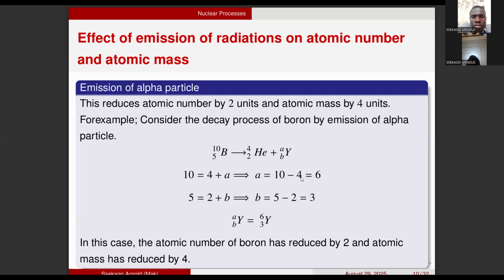So we had 10 minus 4 to obtain 6. That's what we have done. Then down where we have atomic number 5 minus 2 to obtain 3. This 4 and 2, they are coming from the alpha particle, since the element has given out the alpha particle. Yeah. Now we look at something else.